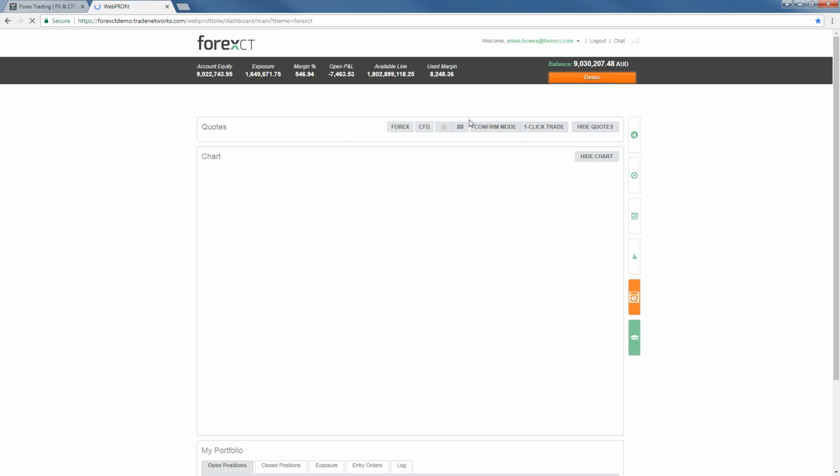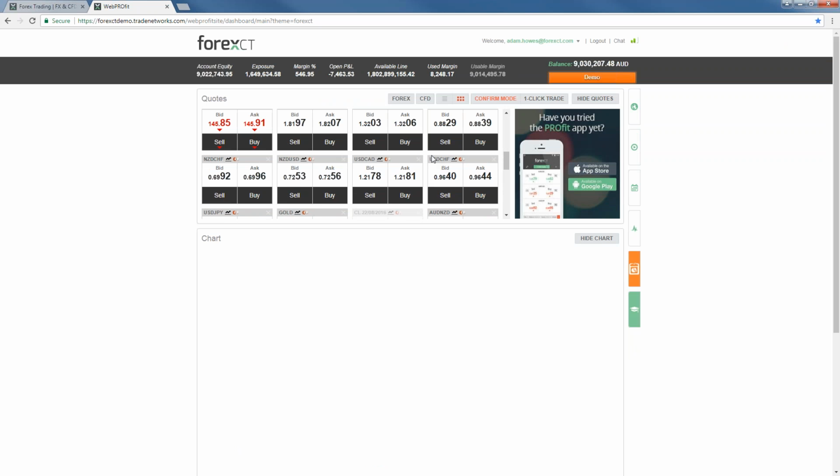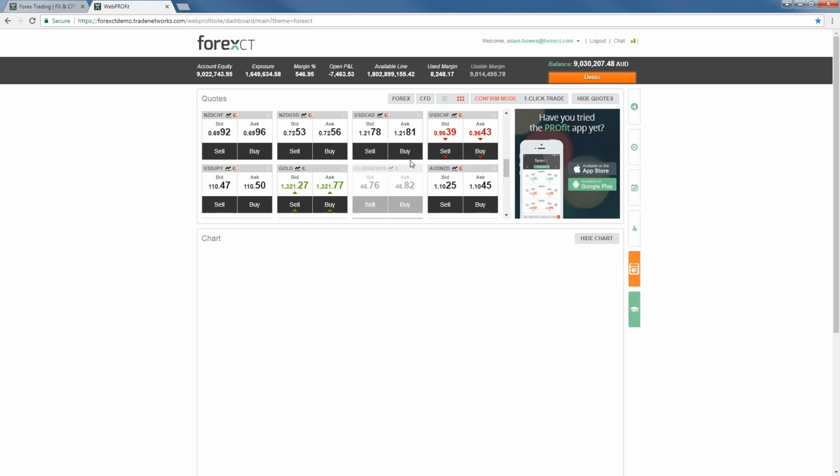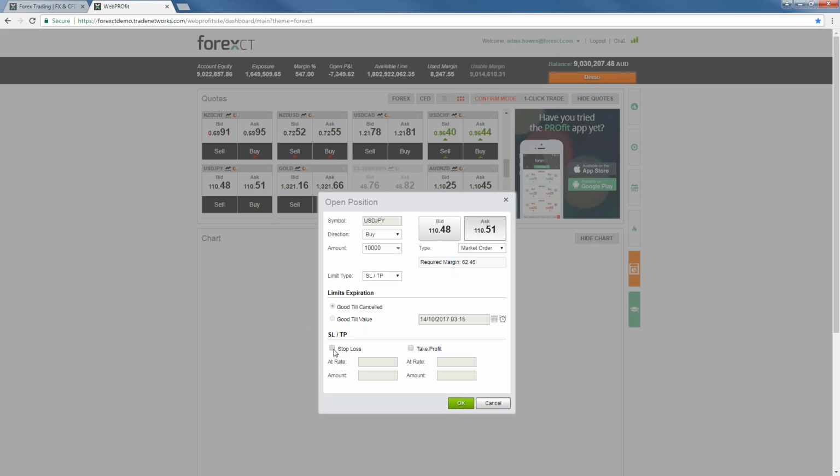Then we go to USD JPY and click on buy. SLTP, as we said before, on the graph we had a stop loss of 109.9 and a take profit of 110.9.